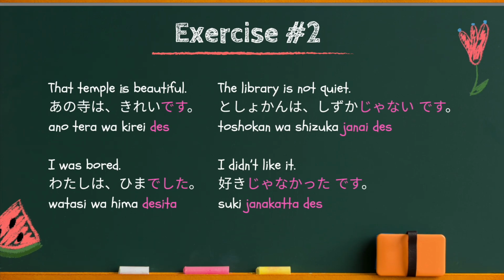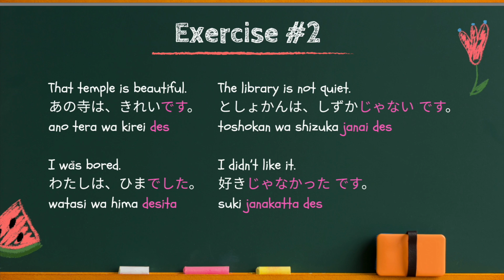The temple is beautiful. あの寺はきれいです。Because it's present affirmative, all you have to do is to add this. And the na-adjective きれい remains the same. You don't need to change anything. And if you like to say casually, you can even omit this and just say あの寺はきれい。That's casual.